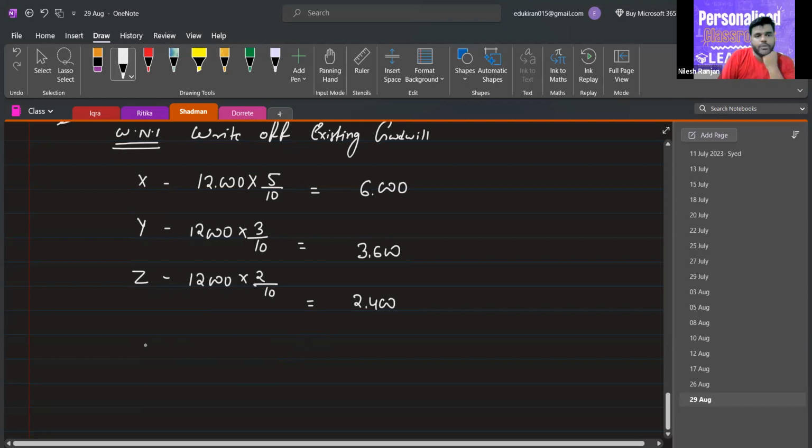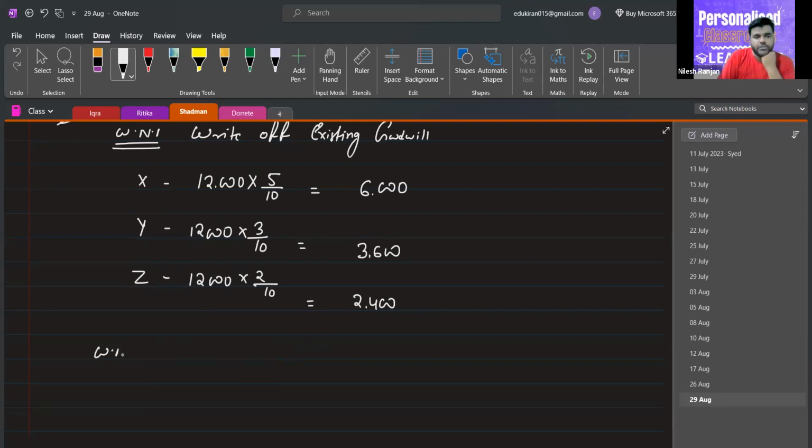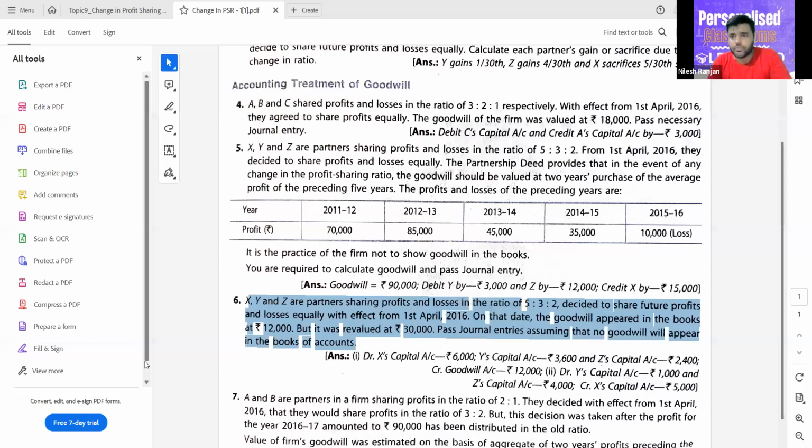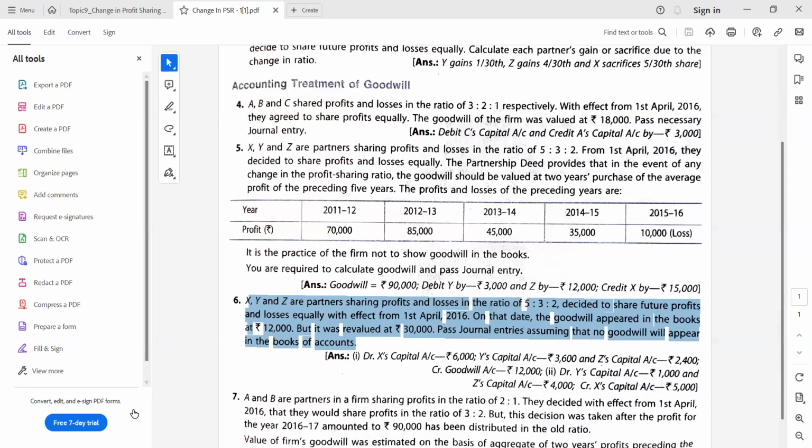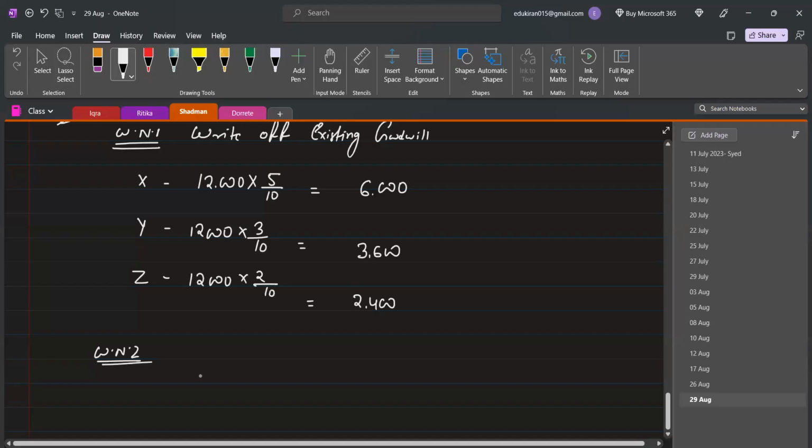For this, we have to pass a journal entry, and for valued goodwill also. Now, for valued goodwill, we need gaining sacrifice ratio.